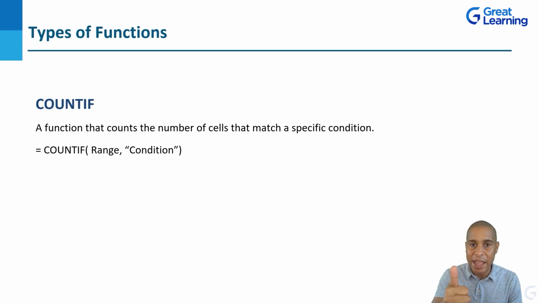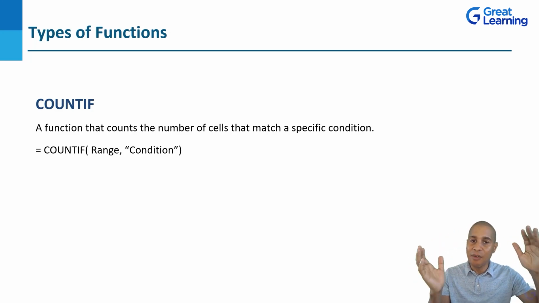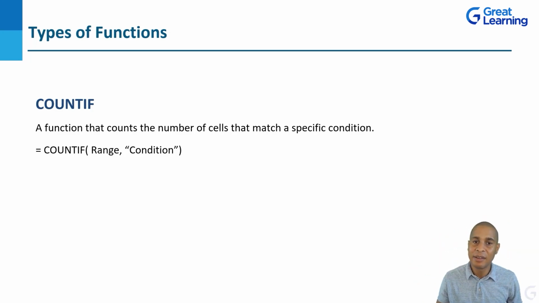We give it a range, and then we give it the condition. So where do we want to count the particular cells? Do we want to do C1, C2, C3? Also, what is the condition in which we should count that? So this is a conditional.